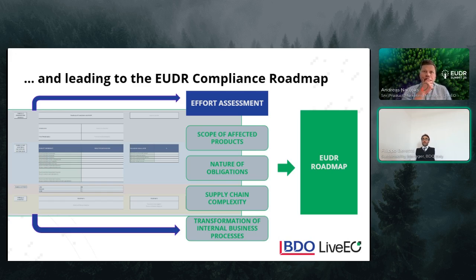The roadmap is based on information gathered in the previous step, so in the gap analysis, we formulate a progressive, modular approach aimed at achieving compliance. This activity is very, very important. So this roadmap considers not only the relevant product, obligations, supply chain, and processes, but also the specific business needs and the requirements of the company.